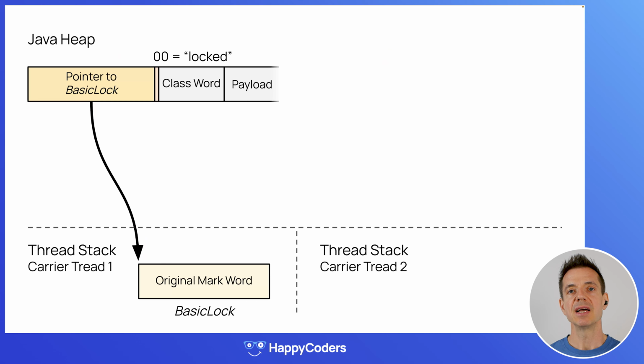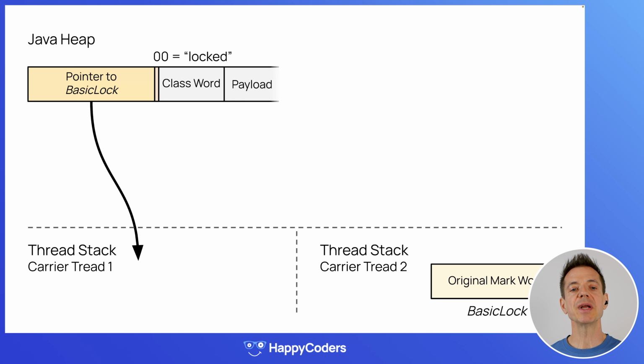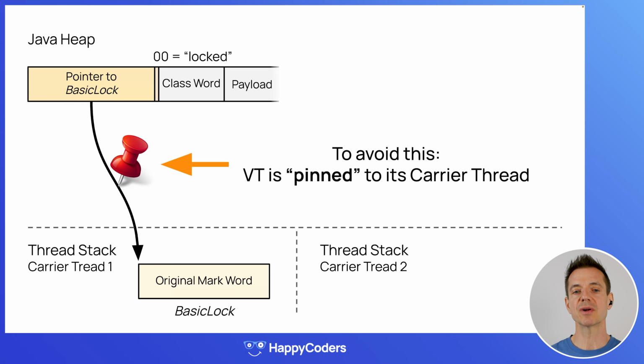And second, if a virtual thread calls a blocking operation inside a synchronized block, is unmounted from the carrier thread, and later remounted onto a different carrier thread, then the stack of this thread resides at a different memory address than the stack of the original thread. And the pointer from the object's mark word to the basic lock becomes invalid. To prevent exactly this, the virtual thread is pinned to its original carrier thread while inside a synchronized block. And that in turn also blocks the underlying platform thread.